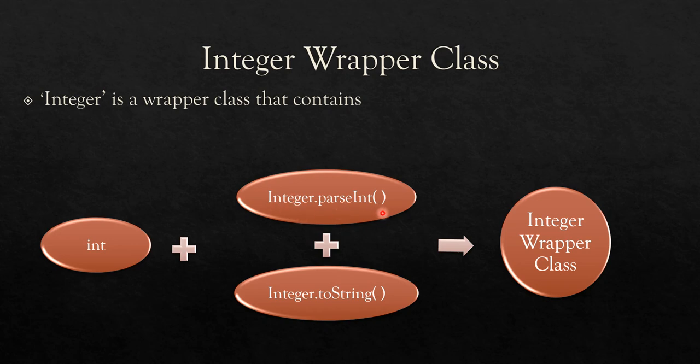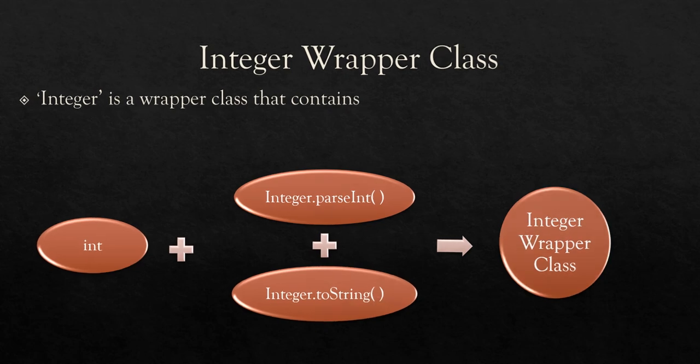The Integer.parseInt method takes the input given in the parentheses as a string, converts it into an integer, and stores it into an integer variable. In the same way, the next method, Integer.toString, will convert the primitive data type into a string. These will be discussed later. So this is what the Integer wrapper class contains.